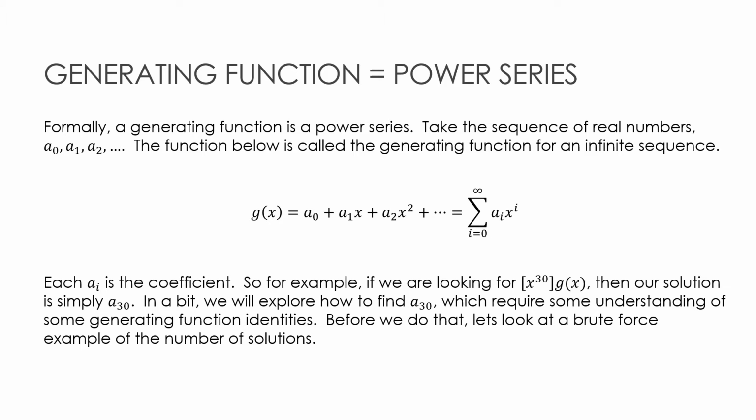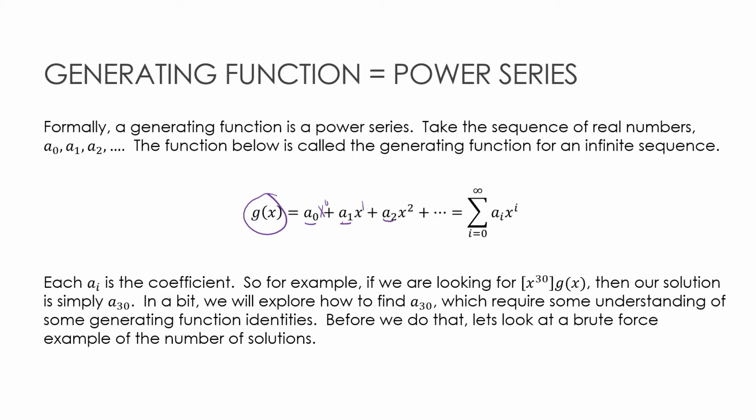So this particular generating function is for an infinite sequence, meaning that I've got x to the 0 power here, x to the first, x to the second, etc. I also have a coefficient in front of each of these, and a sub 2, remember that's just a numbering system, so it's just the coefficient for whatever x squared is.